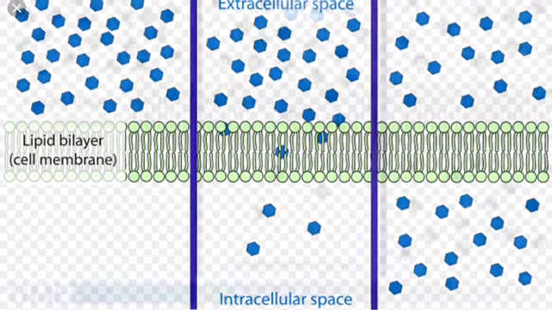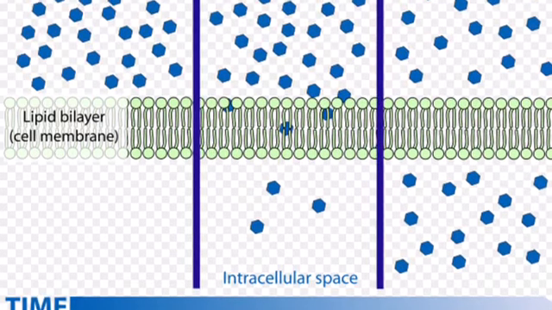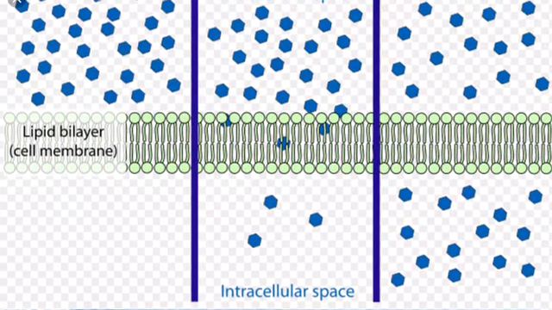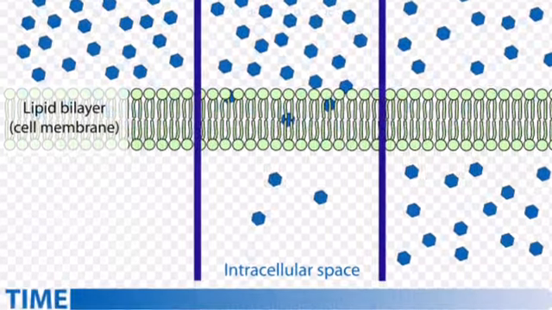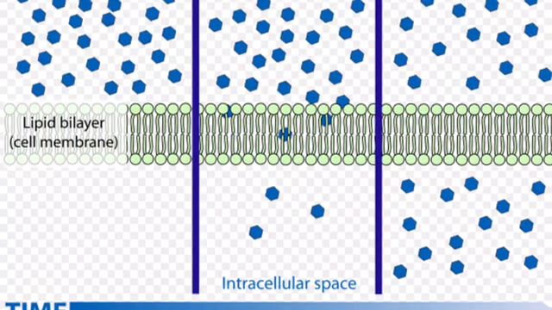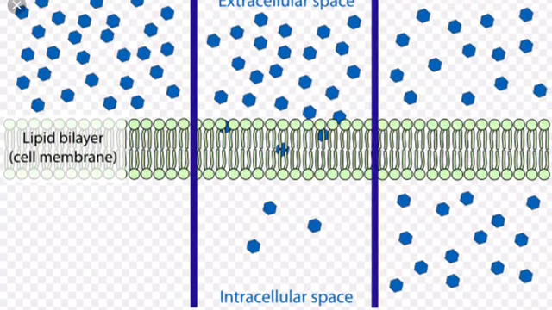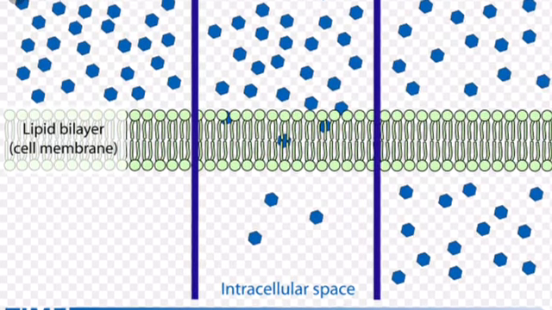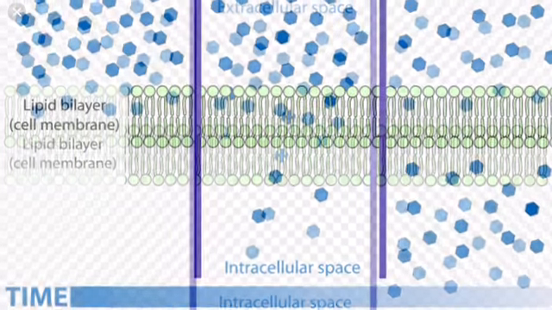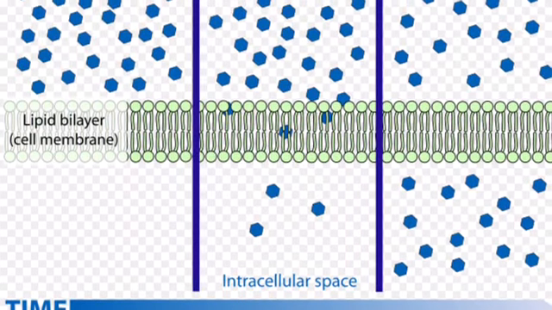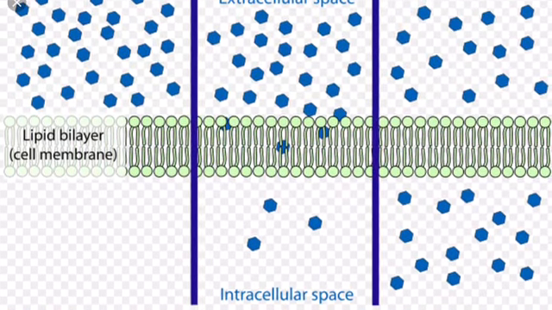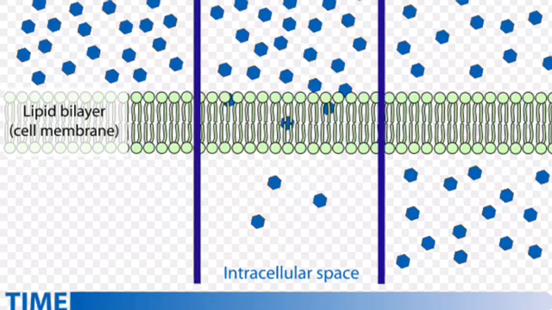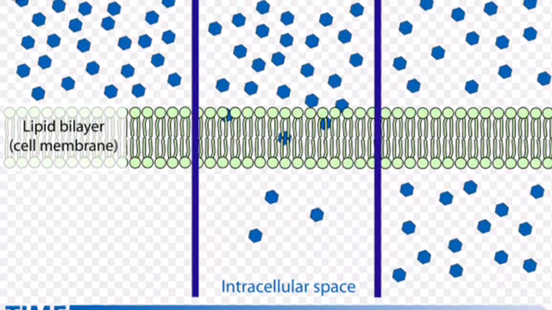And simple diffusion is the diffusion of molecules from a high concentration to a low concentration, and there's not going to be any energy required. An example of a molecule that would go from a high concentration to a low concentration would be gases like oxygen or carbon dioxide.